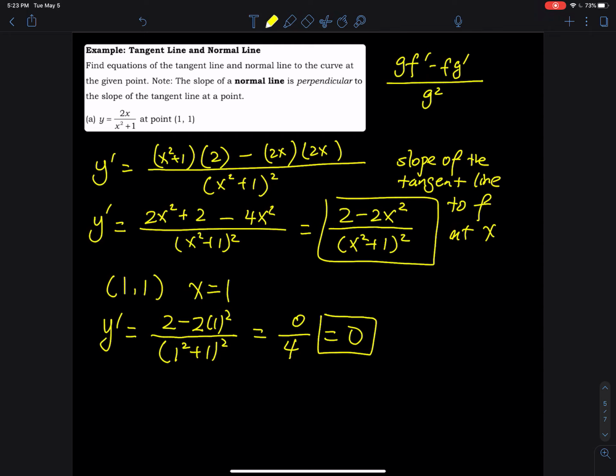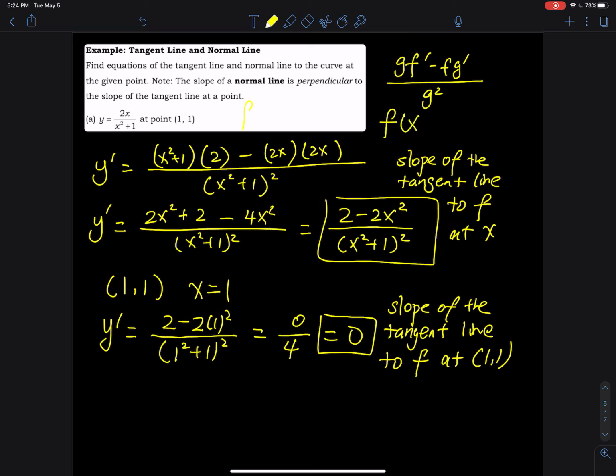So this 0 has a name: the slope of the tangent line to the function at 1 comma 1. Whatever they gave you here, f of x equals 2x divided by x squared plus 1, we call that a function f. So at that point, the slope is equal to 0.